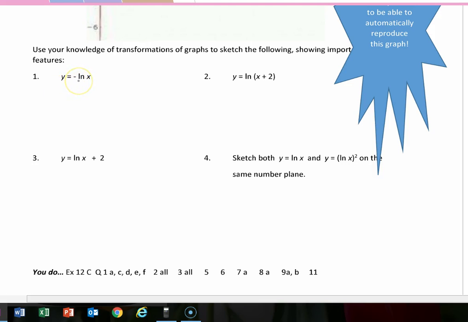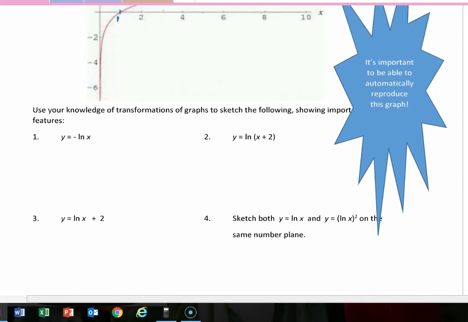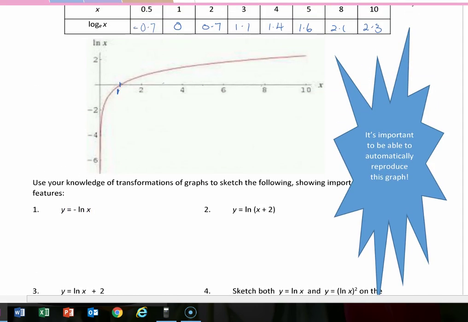After you have done that, you could think about the impact of putting a negative in front of all your values, and you could probably see that you get a reflection in the x-axis, which you are familiar with. You've seen that before.